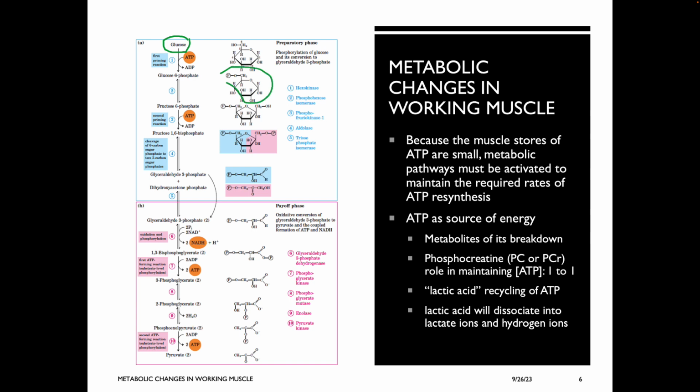So when glucose comes into the muscle cell, it will get converted to glucose 6-phosphate. That glucose 6-phosphate will get converted to glucose 1-phosphate, and glucose 1-phosphate will start to store this glycogen, right? And then when glycogen is mobilized, when we need that sugar during exercise, it will get converted to glucose 1-phosphate, which will then go to glucose 6-phosphate, which will then enter glycolysis.